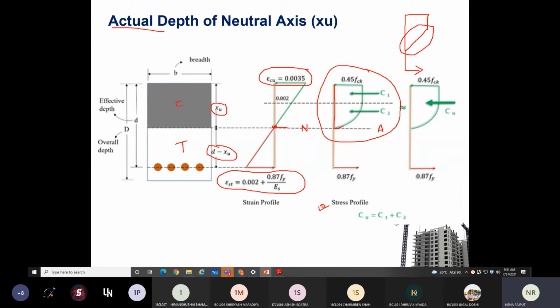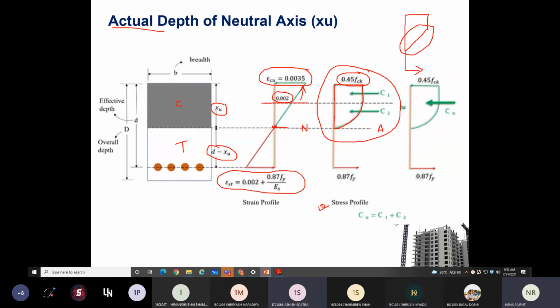From zero strain to 0.002 strain is my parabola. तो वहाँ तक मैंने parabola draw किया. From 0.002 to 0.0035 is my straight line. And over here the stress value is 0.45 FCK. Is it clear everyone? How to draw the stress profile?